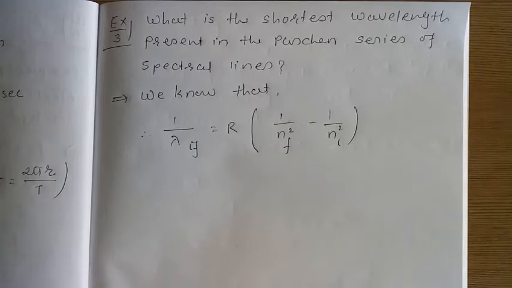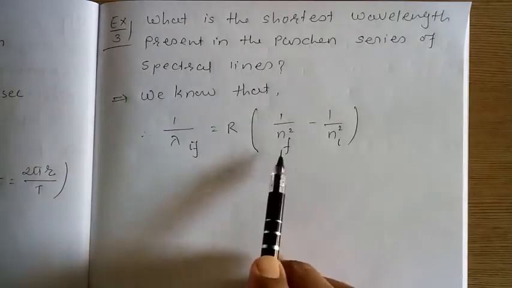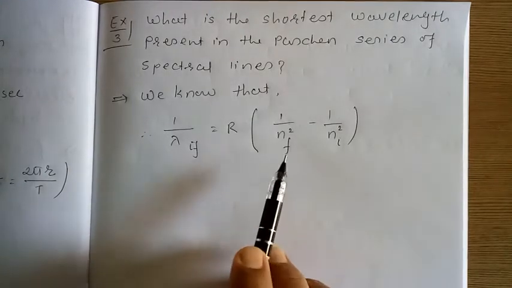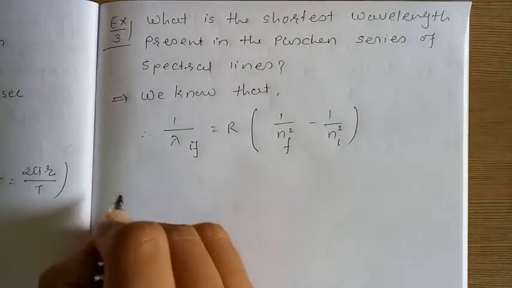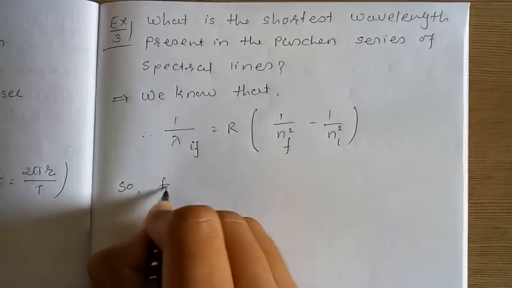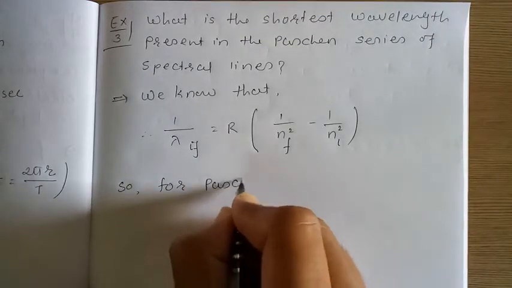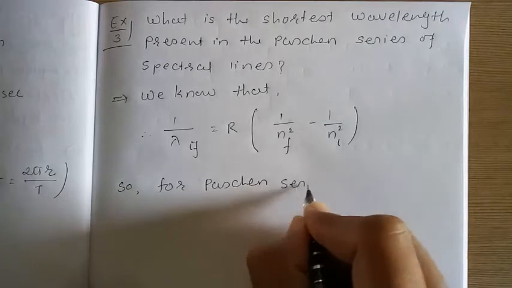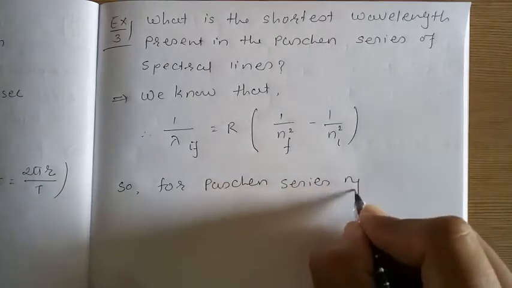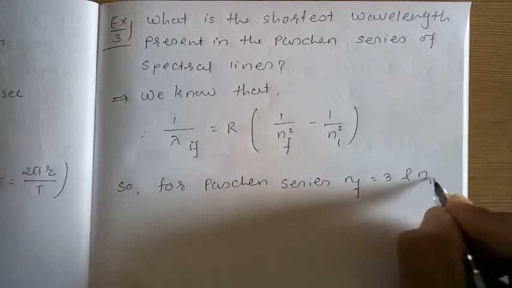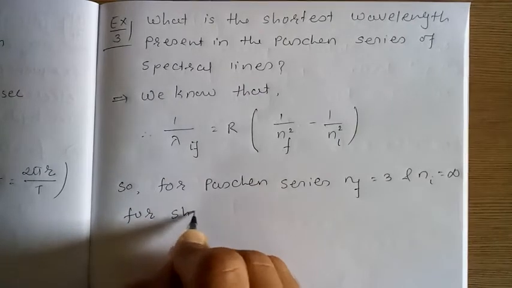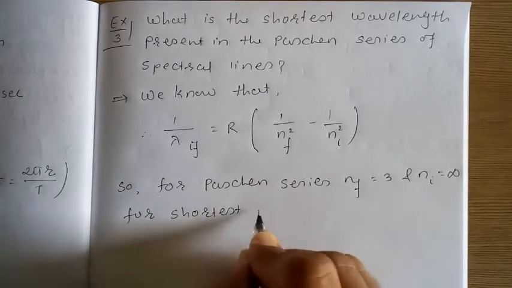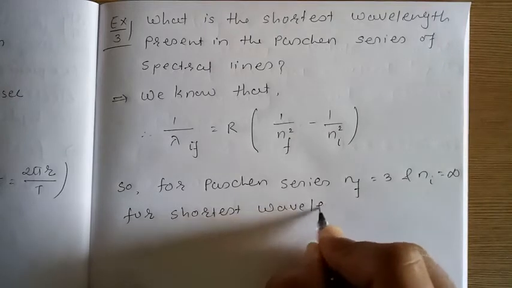Now we already discussed that for Paschen series the value of NF is 3 and for shortest wavelength the value of NI is infinite. So for Paschen series, the value of NF is equals to 3 and NI is equals to infinite for shortest wavelength.